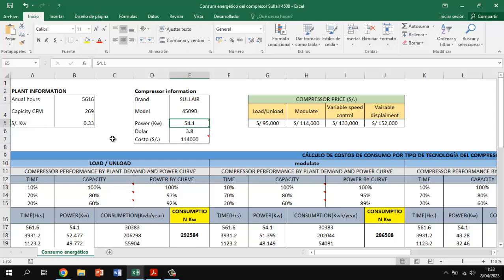So we should have the information about the total energy consumption, the total power that we have for our machine. We should include all the motors for our compressor.